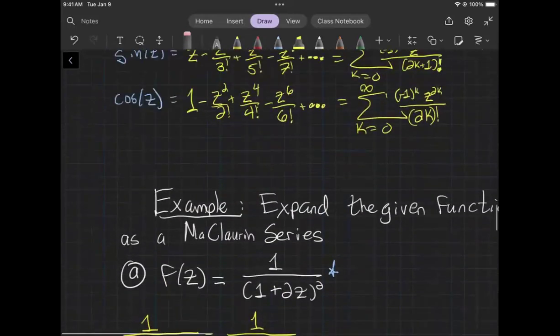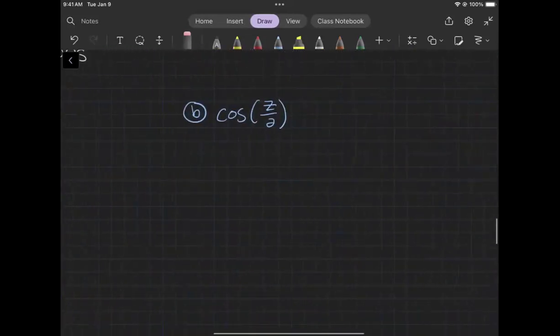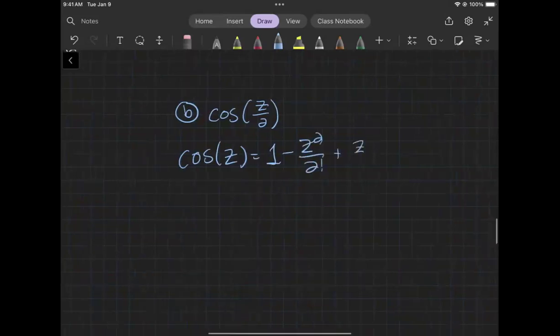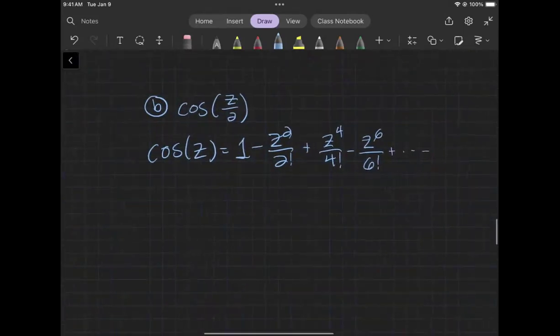Hopefully that example made sense. So in part B, all we have to do is look at the Maclaurin series for cosine of z term by term. So this is 1 minus z squared over 2 factorial plus z to the 4th over 4 factorial minus z to the 6th over 6 factorial. And it turns out if you use the ratio test for cosine of z, this function is entire, right?